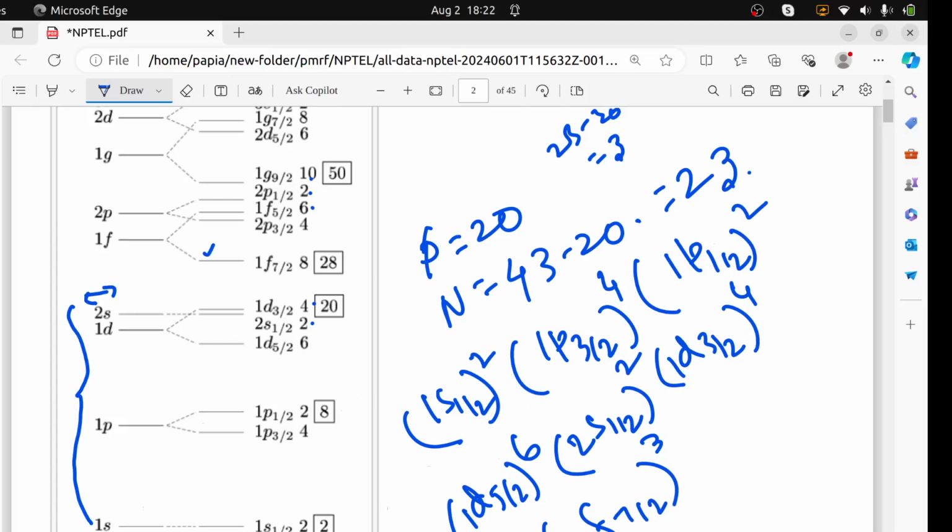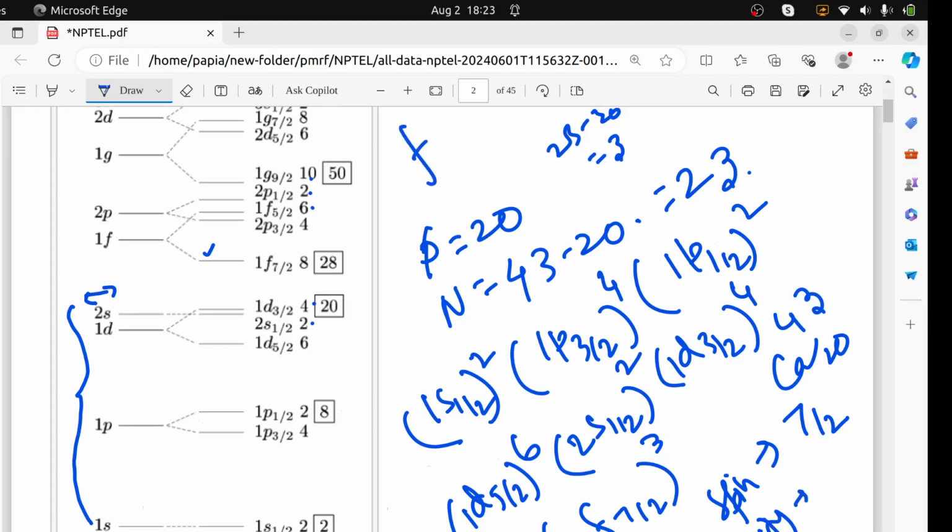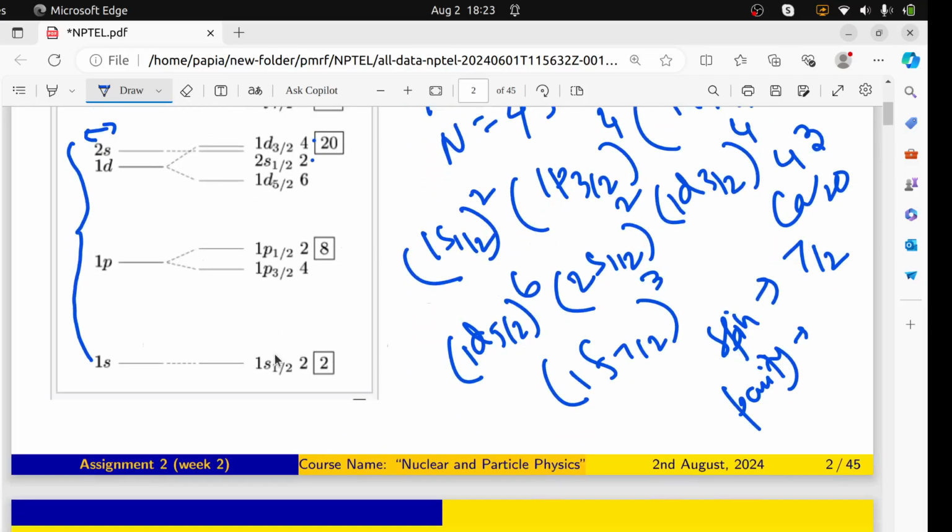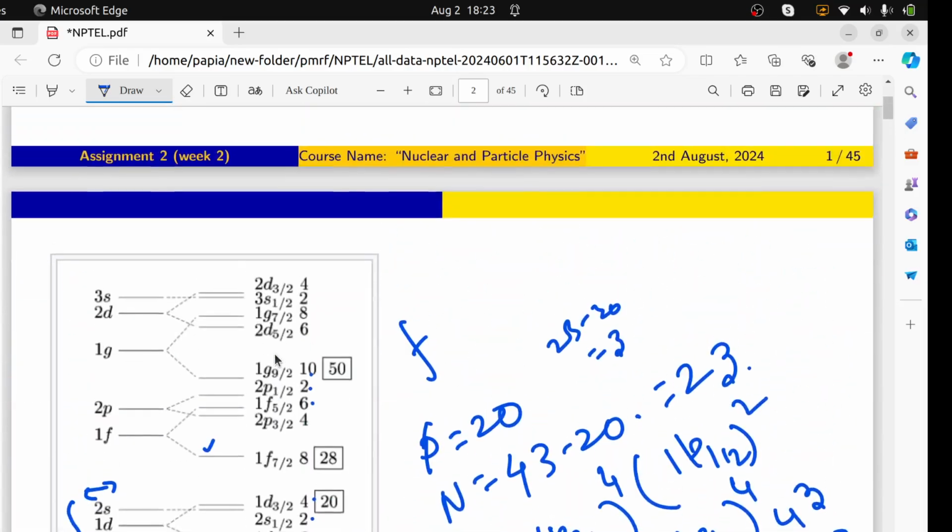But the maximum capacity for this nuclear state was 8, and we are putting only 3, so 5 vacancies were already there. So the spin for calcium-43 will be 7/2, and parity will be how much? The last one is f, right? So f means what? Where should I write?